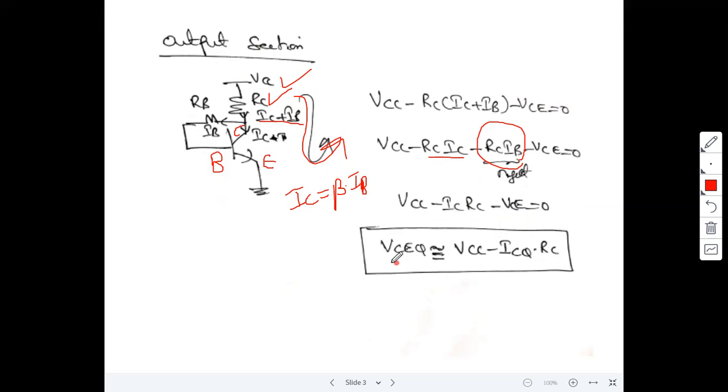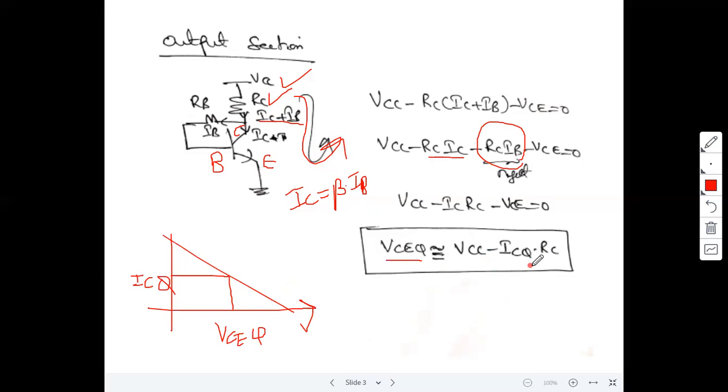From that we require VCEQ, because the DC load line means these points: this is ICQ and this is VCEQ. So VCEQ is equal to VCC minus ICQ into RC. This is the output section.